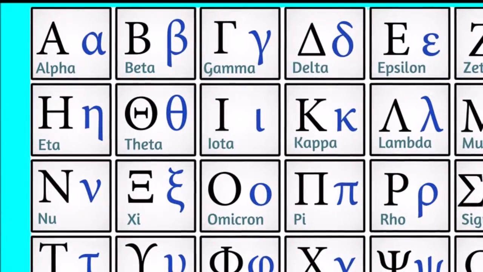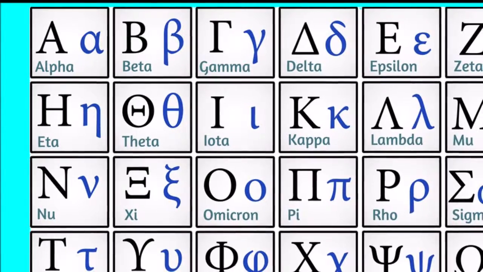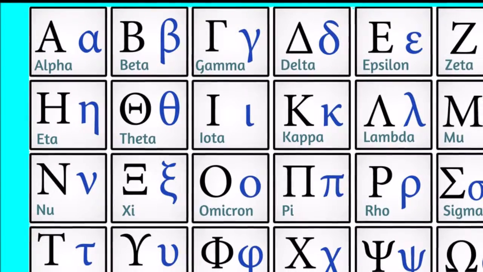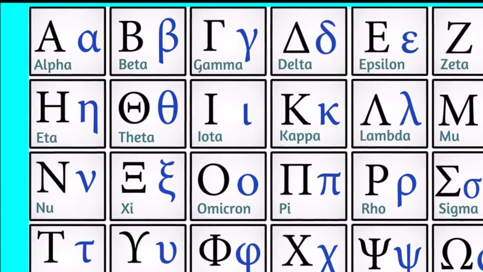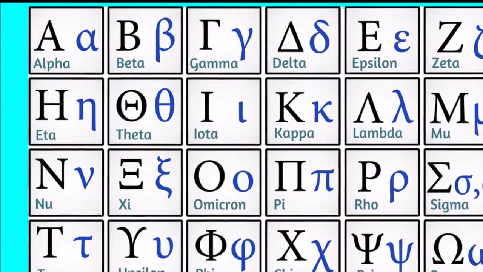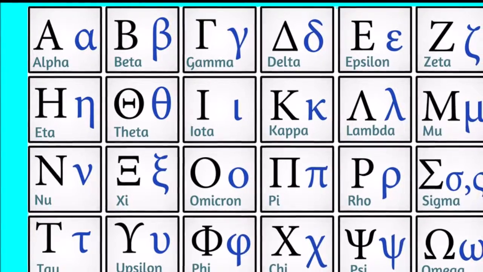You can download these. It's easy, and they're not long. It's just one screenshot, actually. You need to go find a Greek symbol chart or alphabet chart.